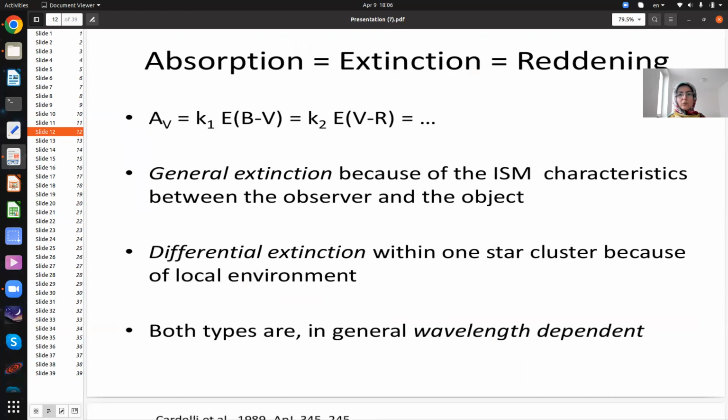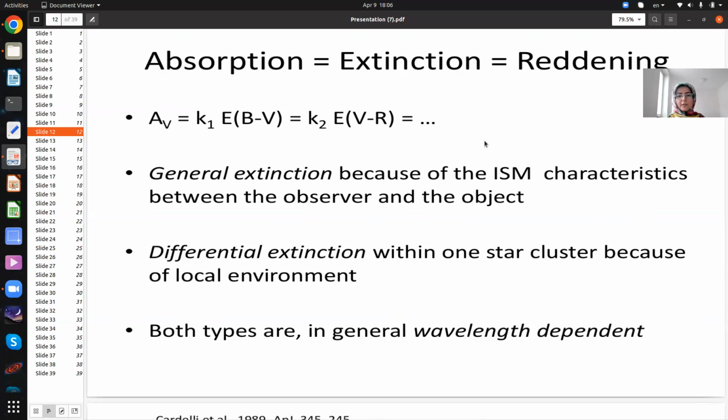Absorption, extinction, or reddening: there are three words for one definition. For example, we are the observer, and there is a star far away from us, and between us and the star there is some dust and gas.